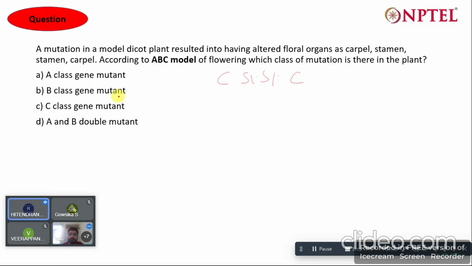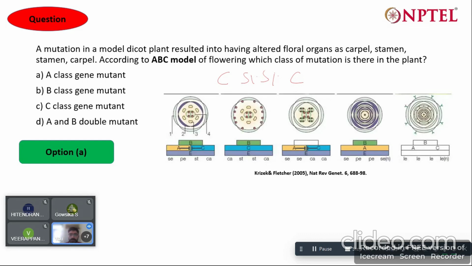B class gene mutant. Any other guesses? So the correct answer is option A, class A gene mutants. How, we're going to see here.